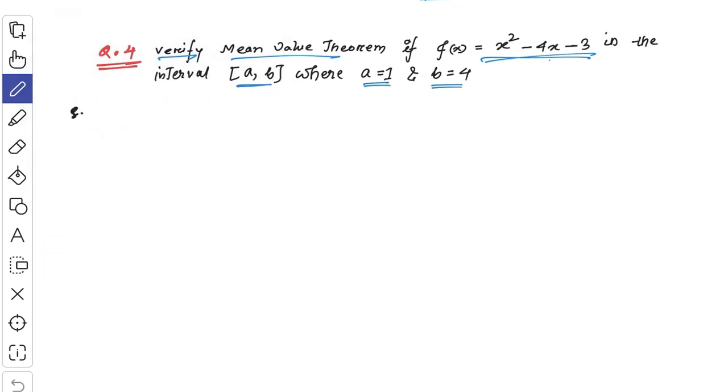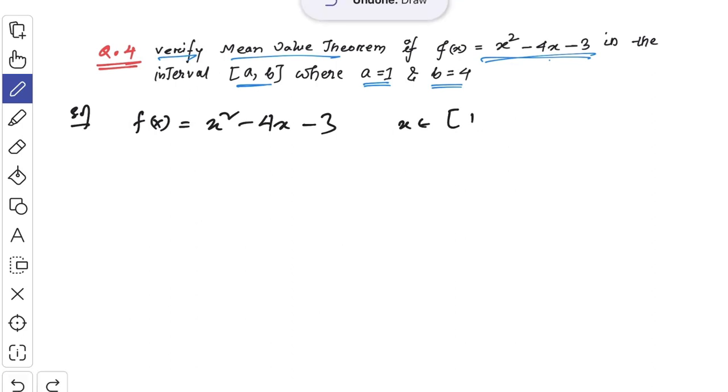Okay, so solution. So here you see the function f of x is given x square minus 4x minus 3. Okay, this is the function, and here x belongs to a is 1, b is 4. So let me write here 1 and 4 directly.